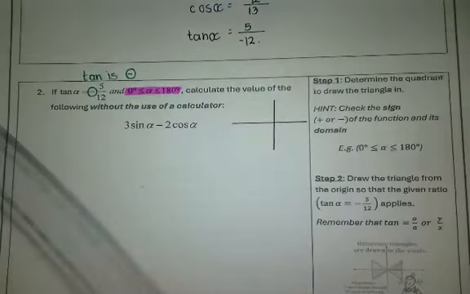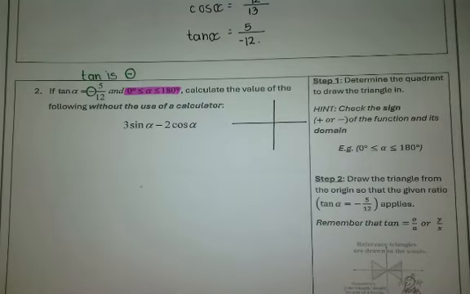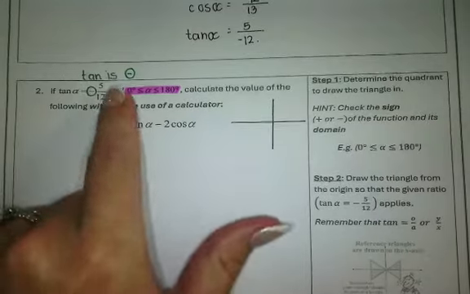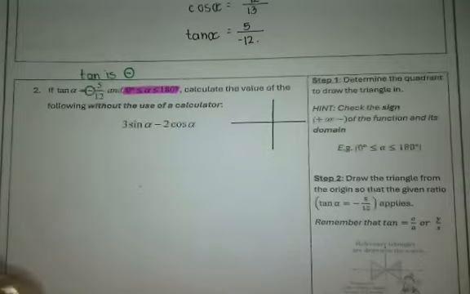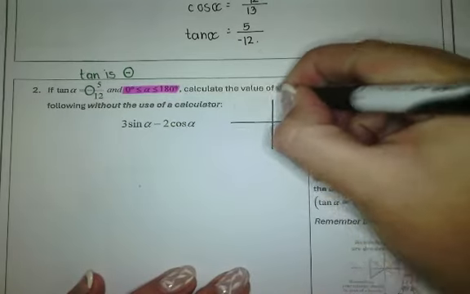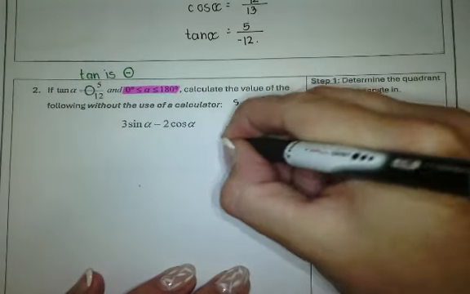Are you with me? Yes. So on my CAST diagram, tan is negative. In which quadrant is tan negative? It's the second quadrant and the third quadrant.